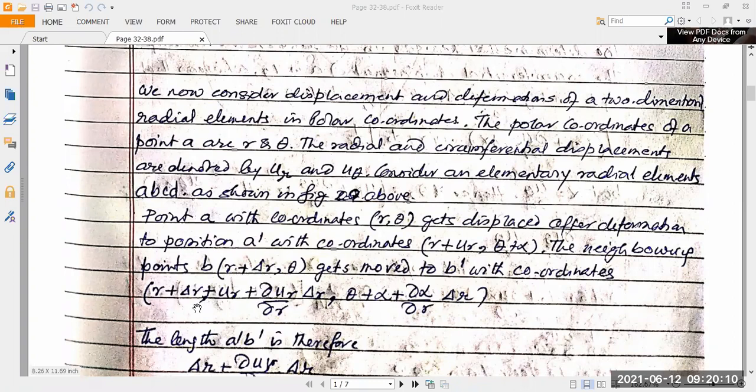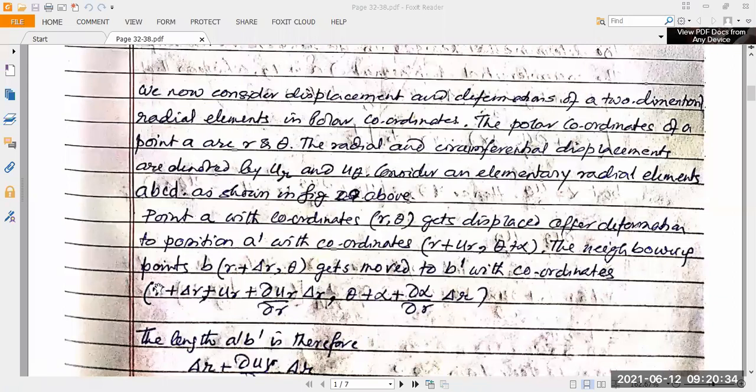So r plus delta r must be there, and any change along the radius will be given by ur, plus the rate of change of ur with respect to radius multiplied by the change delta r itself. It is the radial coordinate of B dash.